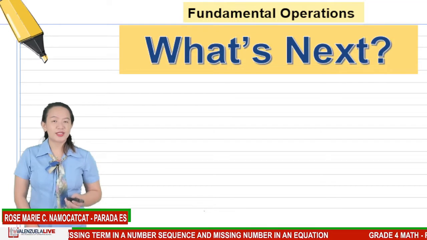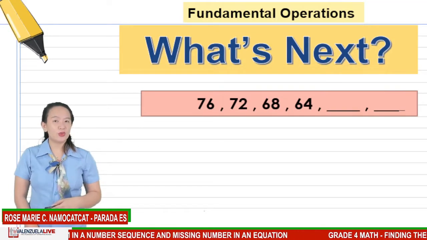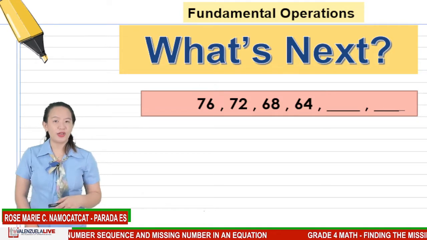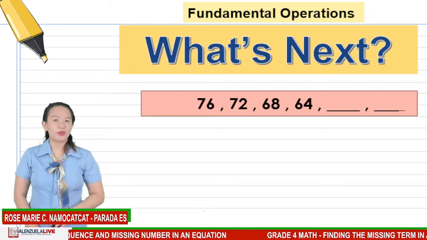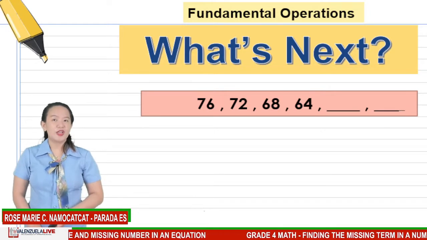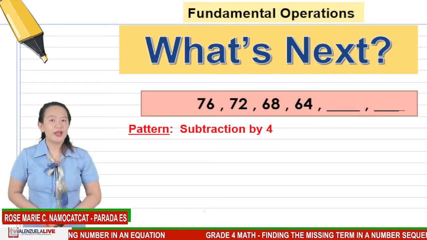What's next in the pattern? We have 76, 72, 68, 64, and then the 2 missing numbers. What will be our 2 missing numbers? In this example, the pattern is by 4.